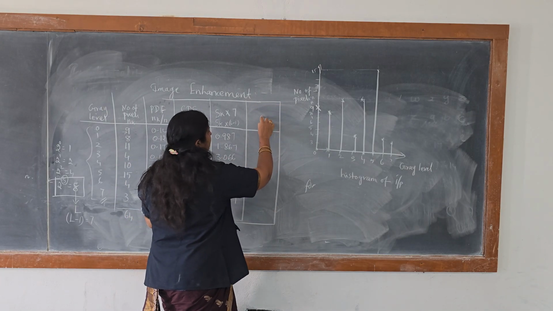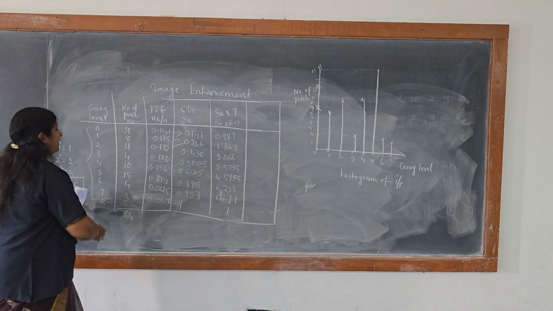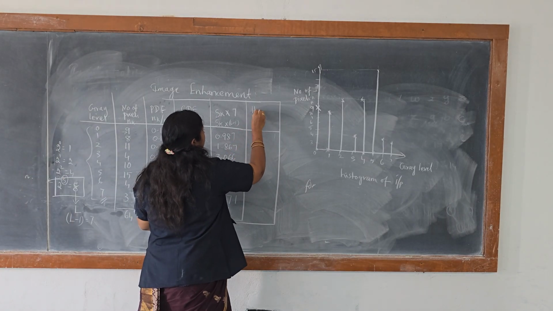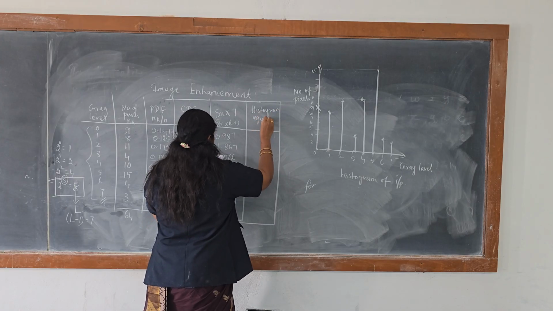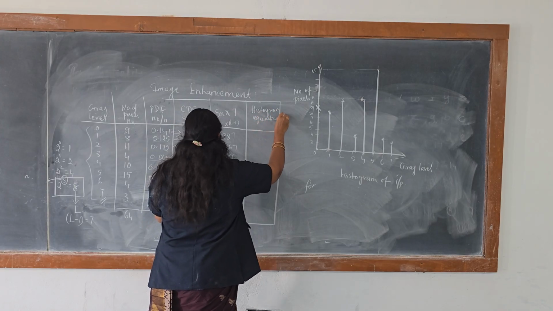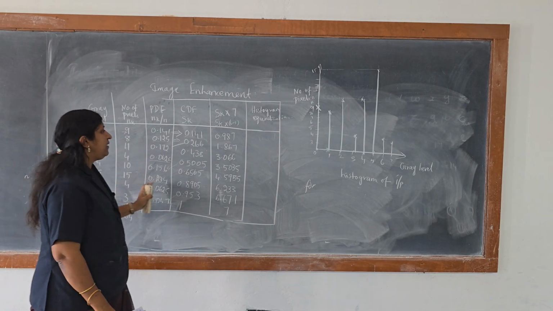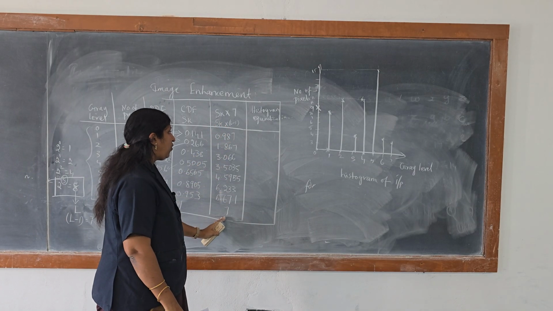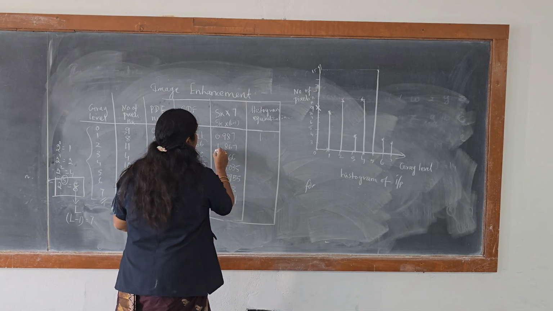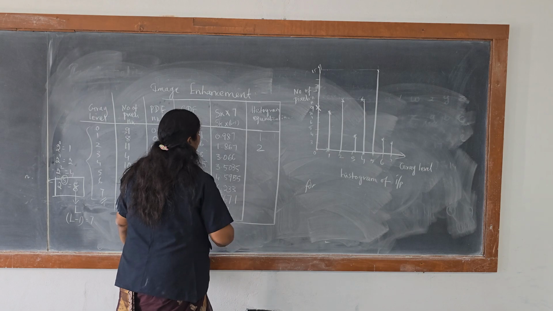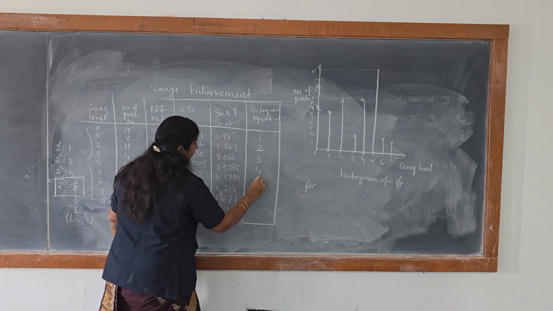In the last column, we are going to find the histogram equalization of the given grayscale level. The histogram equalization for the given gray level is calculated by taking the round off value. So 0.987, the round off value is 1. Here 1.8 will become 2. 3.0 is 3. 3.5, 4. 4.5, 5.